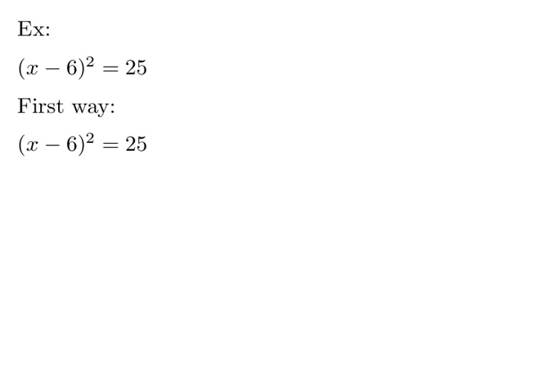So that means this will break into two different equations. We'll get that x minus 6 equals 5, or x minus 6 equals negative 5. So x minus 6 equals 5, or x minus 6 equals negative 5.